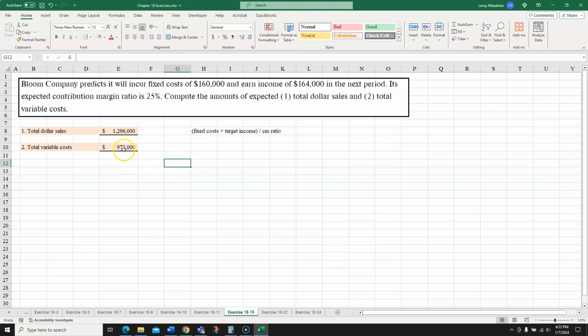So that's why I'm just taking the $1,296,000 to get my sales. I got my sales by taking my fixed cost plus target income, adding that together, and then dividing it by my contribution margin ratio. Then I take that total dollar sales, multiply it by 0.75 in this case, to get $972,000.